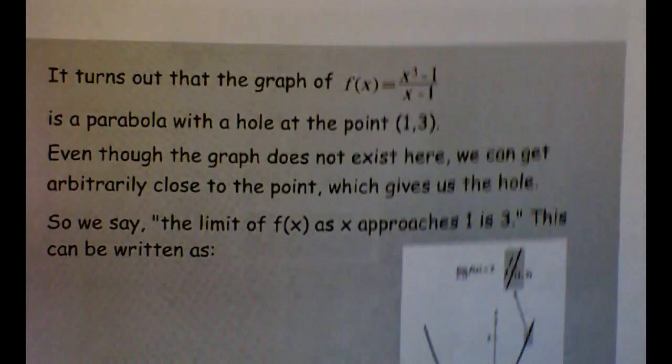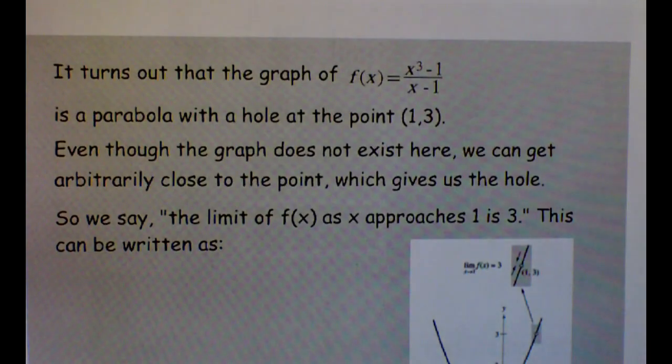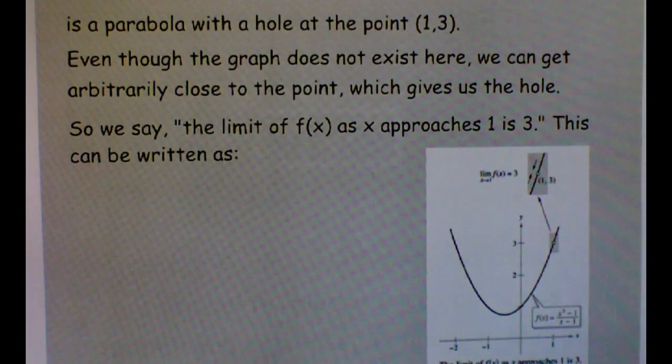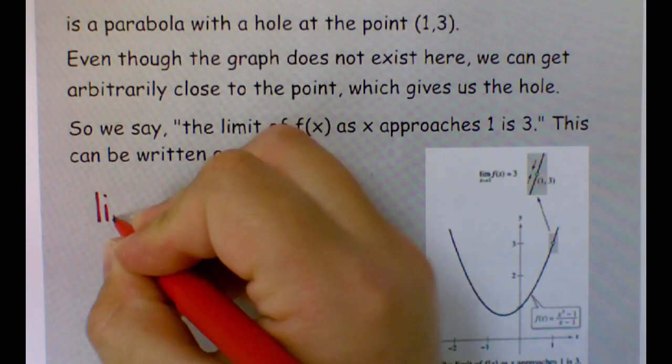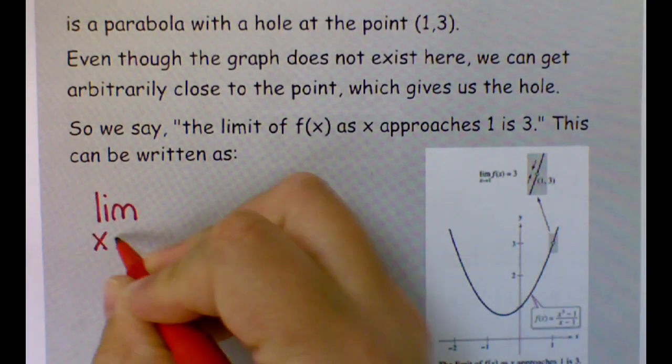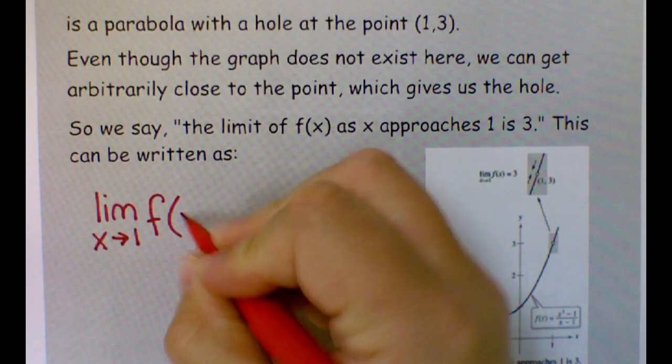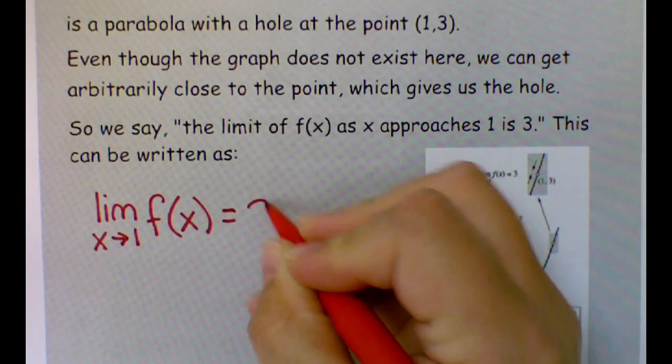It turns out that this graph is a parabola just with a hole at the point (1, 3). Even though the graph does not exist here, we can get arbitrarily close to the point, which gives us the hole. We say the limit of f of x as x approaches 1 is 3. We write that as the limit, lim, as x approaches 1 of f of x equals 3.